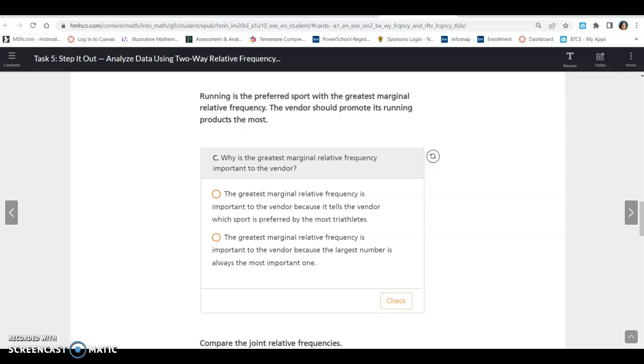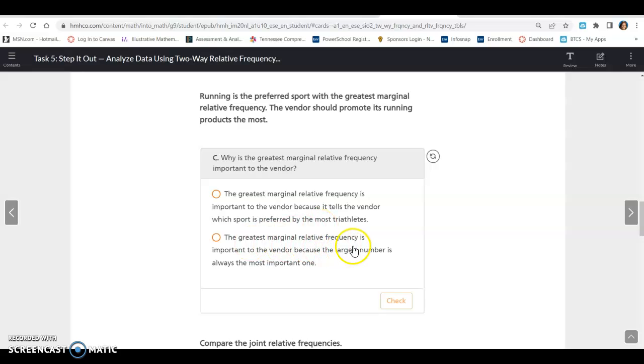Why is the greatest marginal relative frequency important to the vendor? All right, if you're trying to sell a product, the more people who are interested in that product, you've got a higher probability of selling that product. So let's see what our choices are. The greatest marginal relative frequency is important to the vendor because it tells the vendor which sport is preferred by the most athletes.